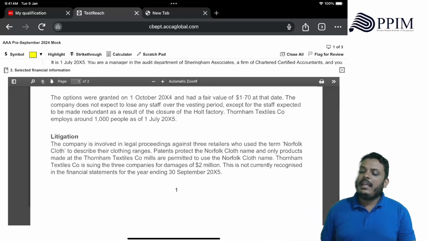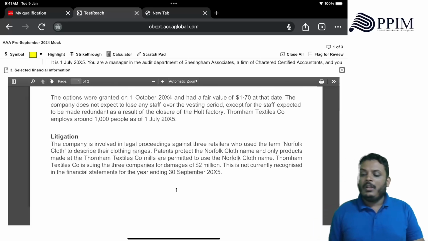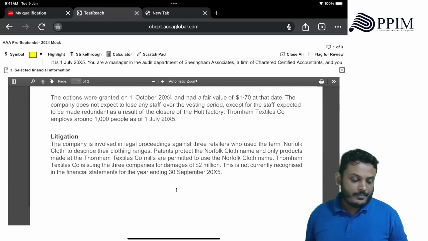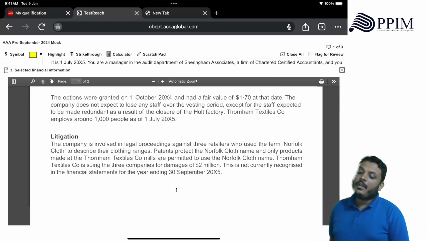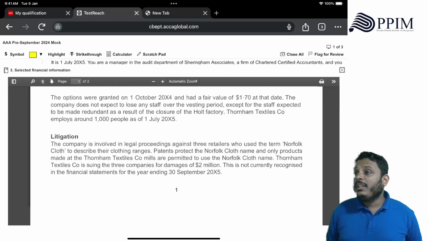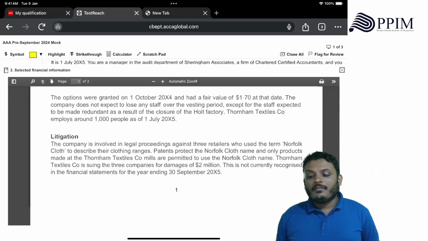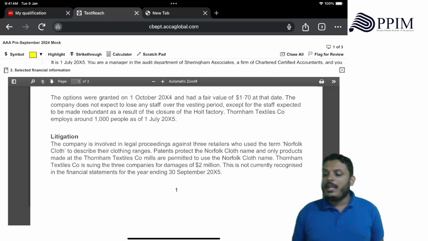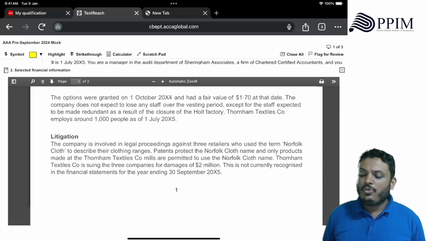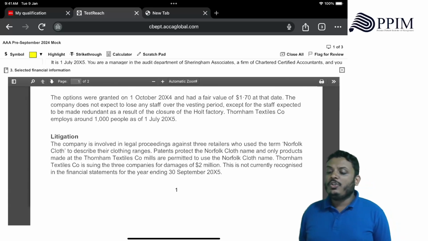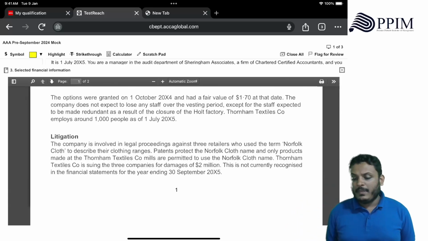Against 3 retailers who use the term Norfolk cloth to describe their clothing range. Patents protect the Norfolk cloth name and only products made at the Tonham Textiles Company mills are permitted to use the Norfolk cloth name.